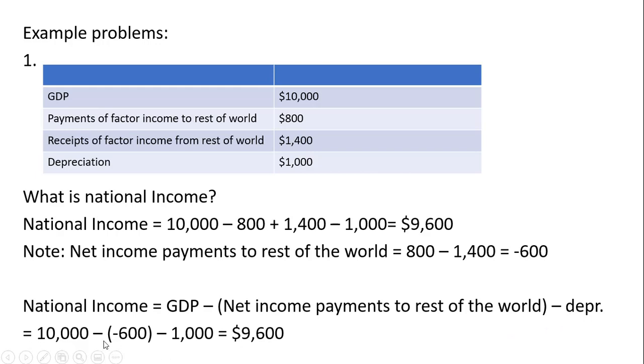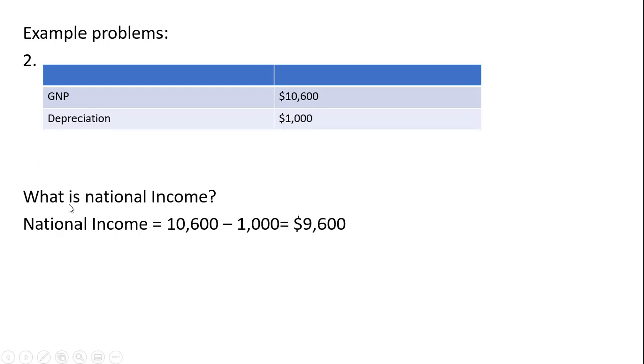So we got 10,000 minus a negative 600 minus 1,000, and that gets us $9,600 for national income. And an example problem 2, slightly simpler one. If we're starting with GNP and you have information on depreciation, national income is GNP, gross national product, minus depreciation.